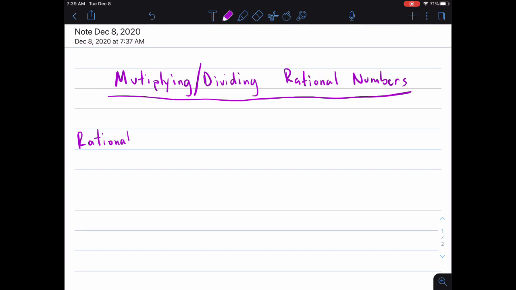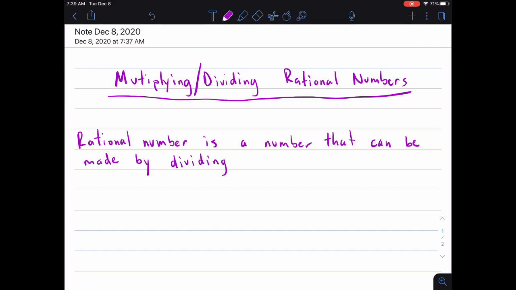A rational number is a number that can be made by dividing two integers.